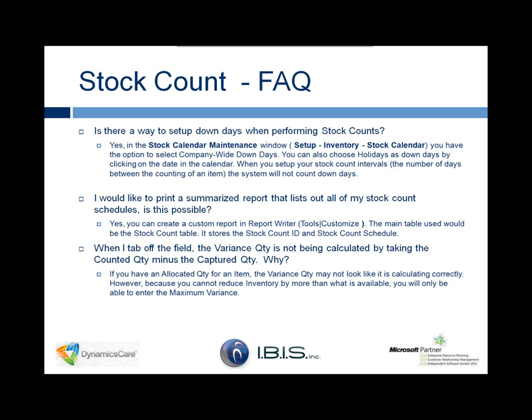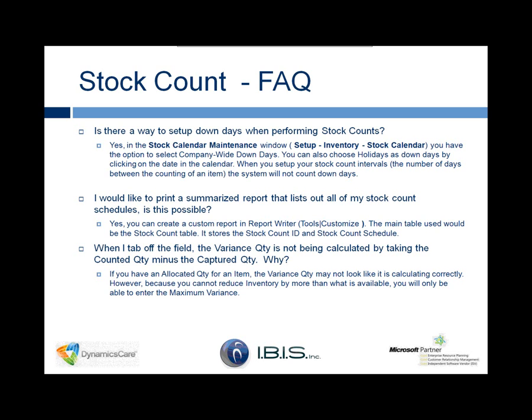And then last but not least, it's worth covering another time, is that sometimes people don't realize that the variance quantity is dependent upon the available quantity. A question comes up: when I tab off the field, why is the variance quantity not being calculated by taking the counted quantity minus the captured quantity?